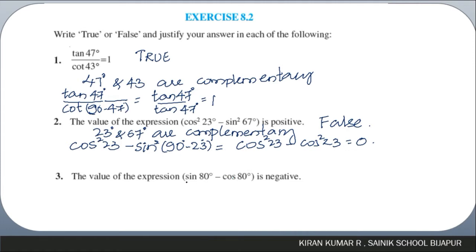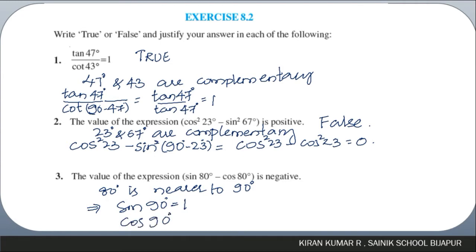The third one: the value of the expression sin 80 degree minus cos 80 degree is negative. 80 degree is very close to 90 degree, isn't it? 80 degree is nearer to 90 degree. Suppose I consider sin 90 degree, the value is 1 and the cos 90 degree value is 0.